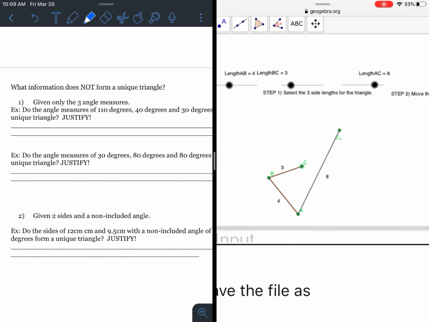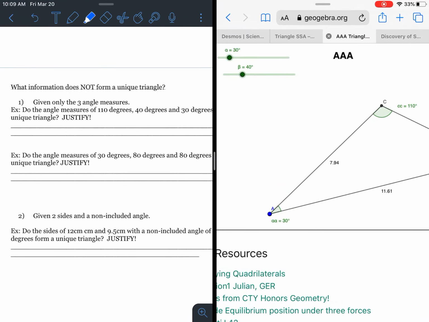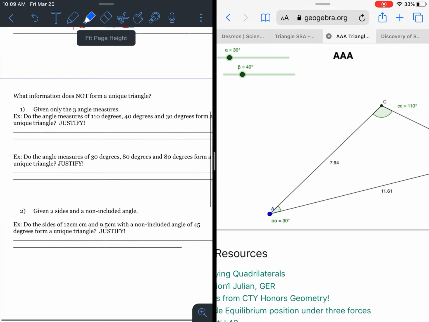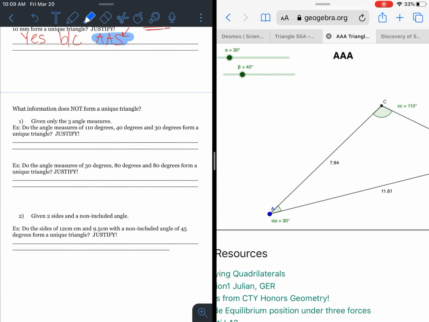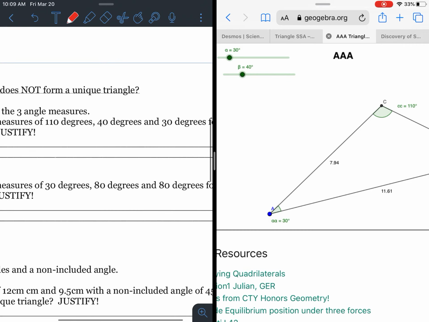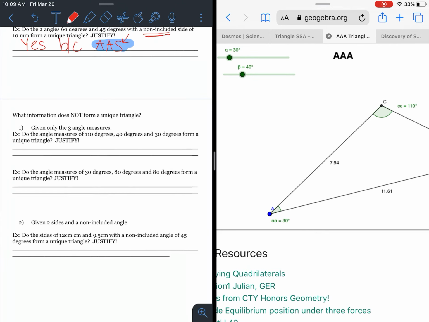So the first one, given just the 3 angle measures, if you think about what we did yesterday, every triangle in the world equals 180 degrees. So for this first one, 110 plus 40 gives us 150, plus 30 is 180.